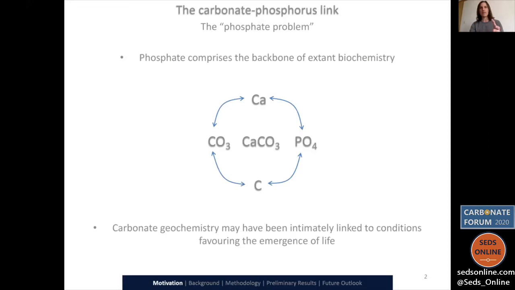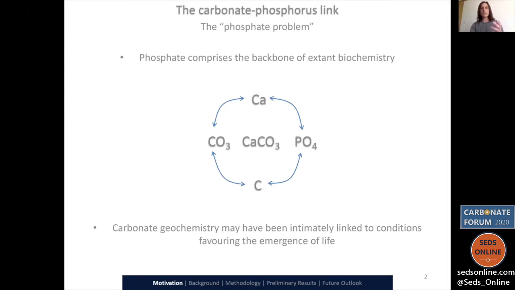That despite the fact that it is present in all organisms and that it comprises the backbone of extant biochemistry and biology as well, phosphorus is not abundant and readily available in most rocks, the primary source for this element, of course.